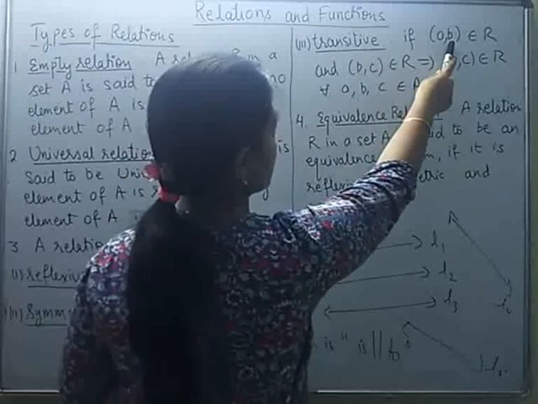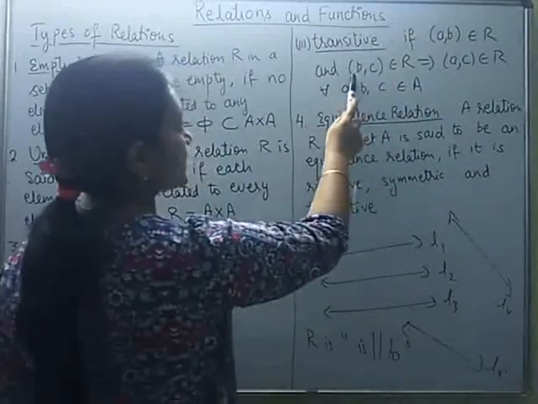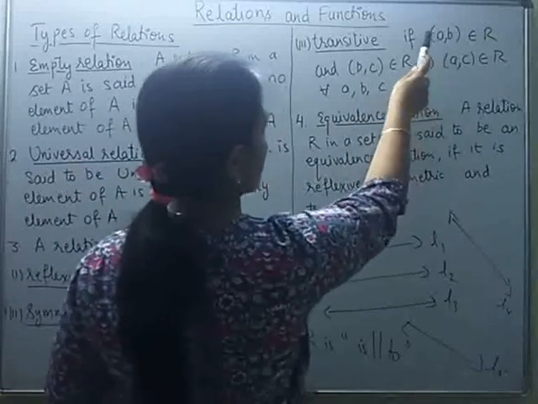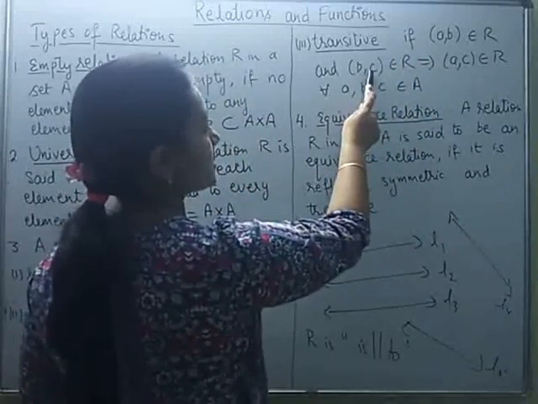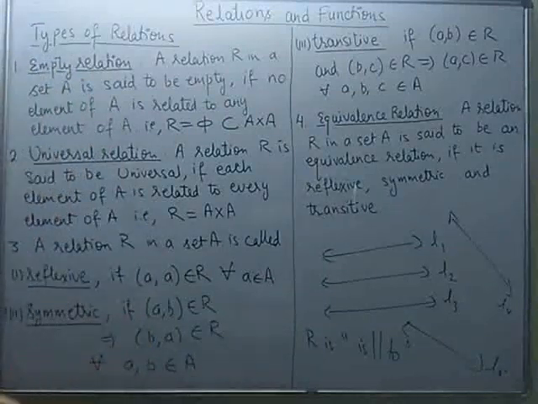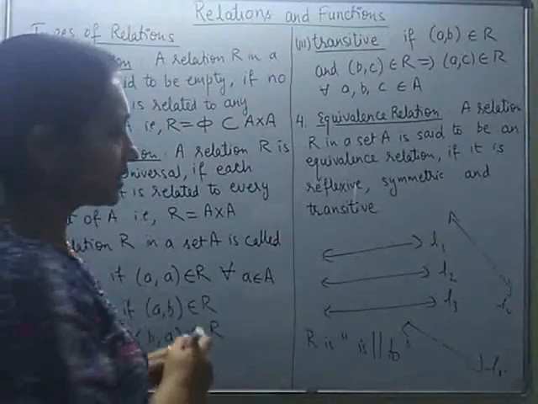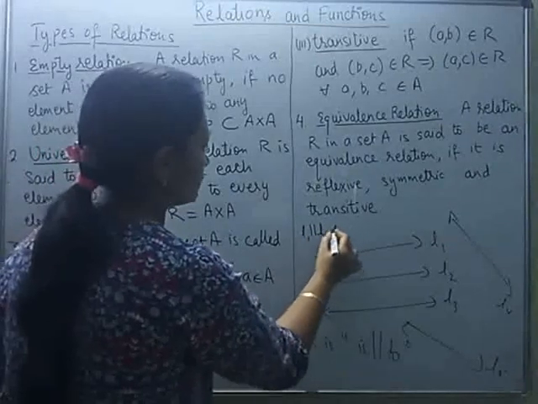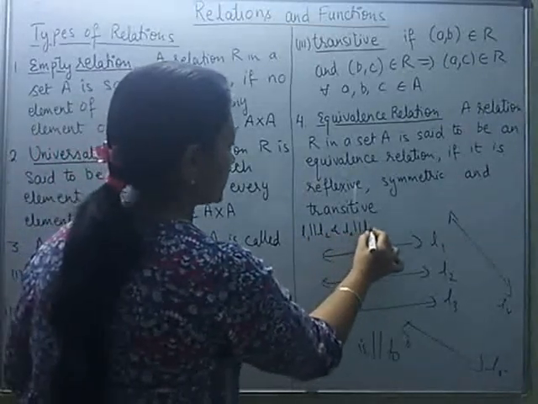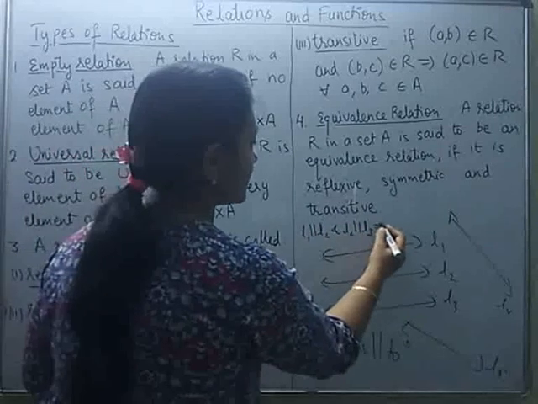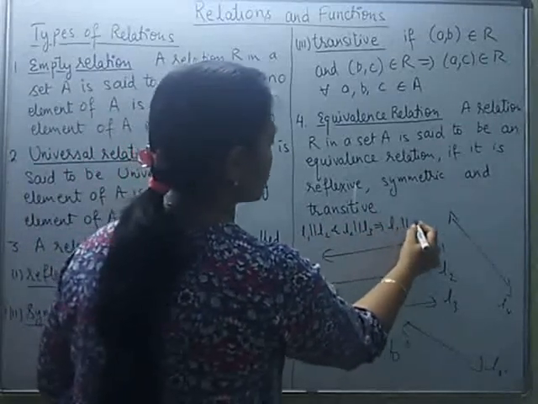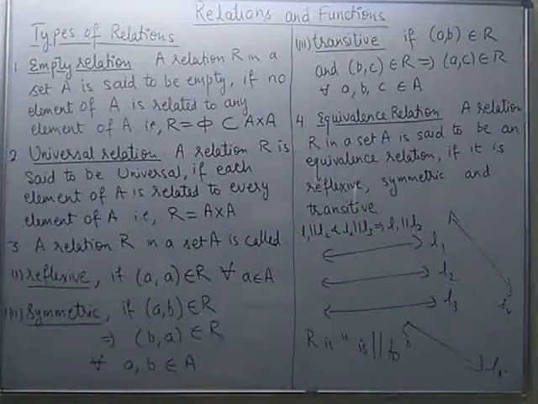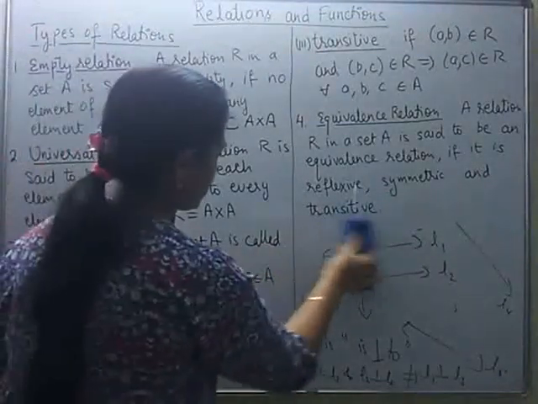If A is satisfying the given relation with B and B satisfies the same relation with C, and that implies A satisfies the given relation with C, then the relation is transitive. So here it is met. L1 is parallel to L2 and L2 is parallel to L3, so obviously this will imply L1 is parallel to L3, and our result becomes a transitive relation.